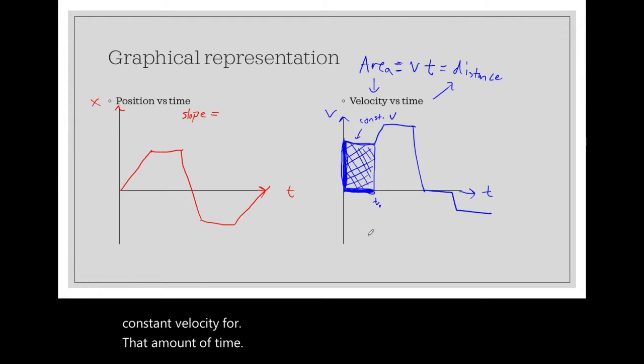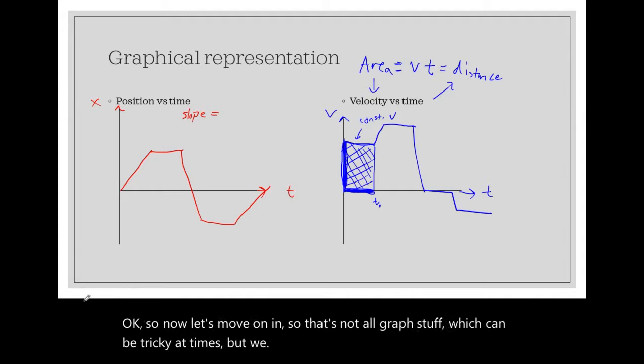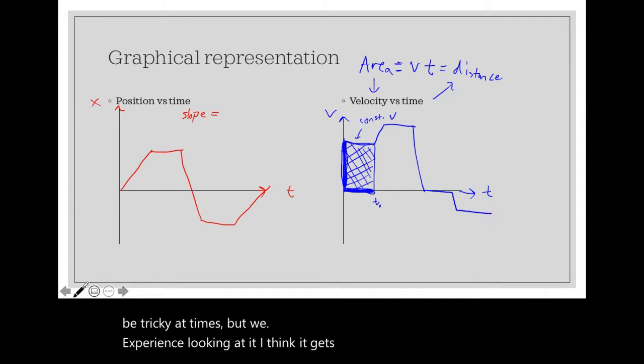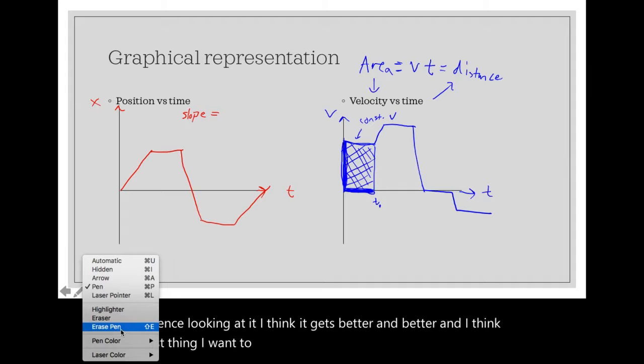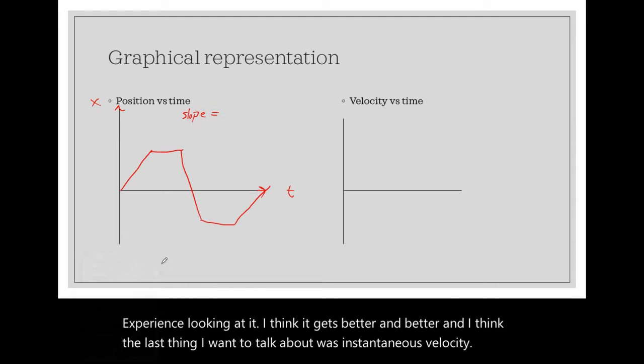All right. Okay, so now let's move on. So that's all graph stuff, which is tricky at times, but with just experience looking at it, I think it gets better and better. Oh, and I think the last thing I want to talk about was instantaneous velocity real quick.